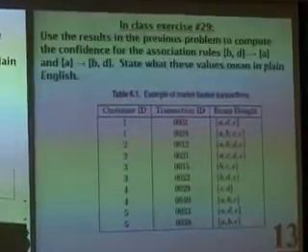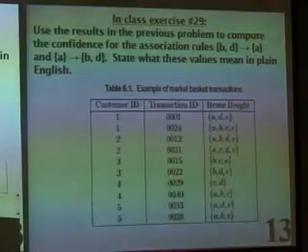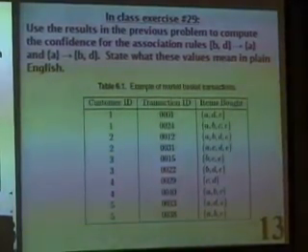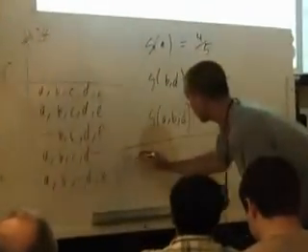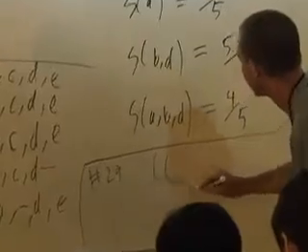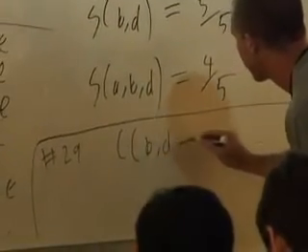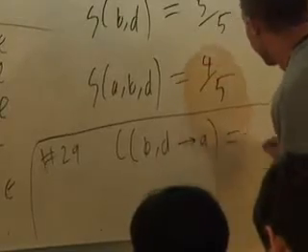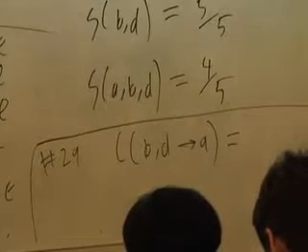Okay, and then finally, using the customer ID as the market basket, we can also do the strength and confidence for the association rules. And let's just see, this is number 29. Okay, so the confidence for, which one is first? BD implies A. I'll mention to you that the notation here and the notation in the book is sort of sloppy. So, sometimes I'll write set notation, sometimes I won't.